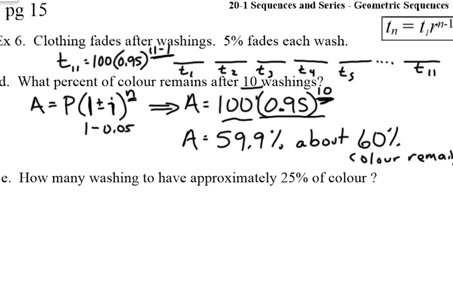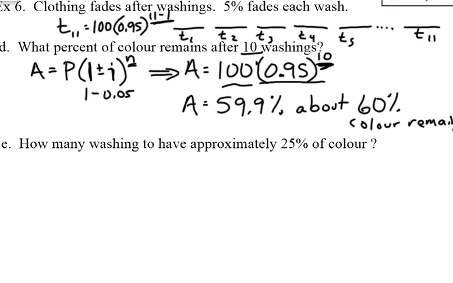And then finally, question E, how many washings to have approximately 25% of the color? Well, what do we know? A equals P times 1 plus or minus I to the N. Our accrued amount, we want about 25% of the color.